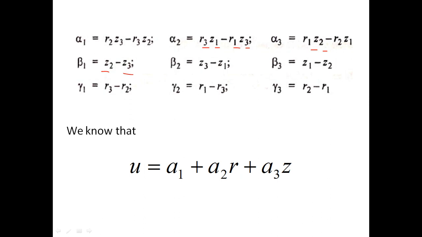Generalizedly, u is equal to N1 N2 N3 multiplied with u1 u2 u3. What is meant by N1? N1 is equal to alpha 1 plus beta 1 r plus gamma 1 z divided by 2A. Likewise, w is equal to N1 N2 N3 multiplied with w1 w2 w3.